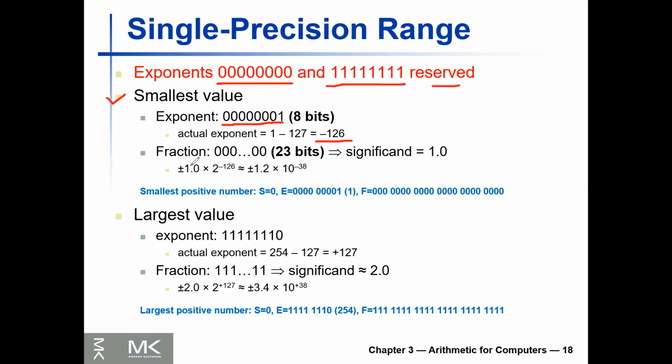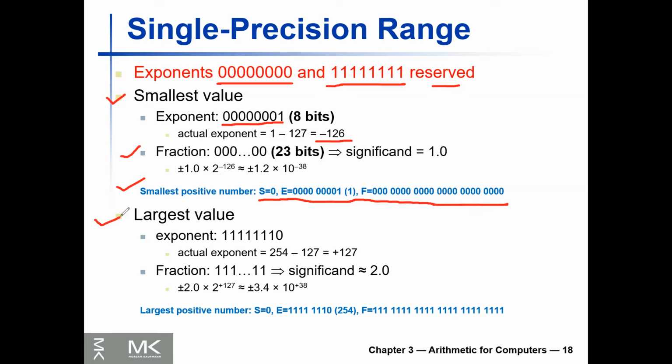Now, another thing is that the fraction can be all zeros. As I said, there is no problem with reservation. It is only for the exponent, but not for the fraction part. So we can have all zeros here. Then the smallest positive number can be represented like this: S will be 0, E will be all 0 except the last bit should be 1, because this is the minimum possibility, and the fraction could be all zeros.